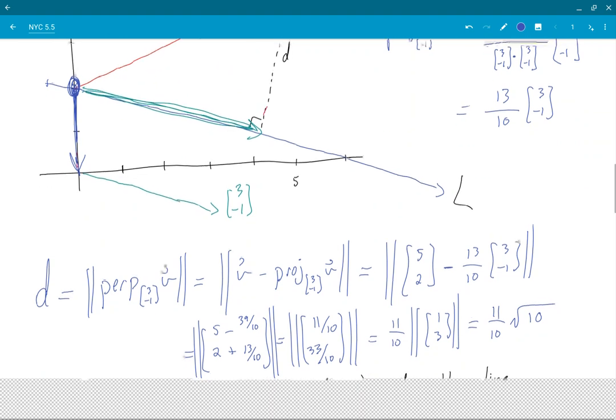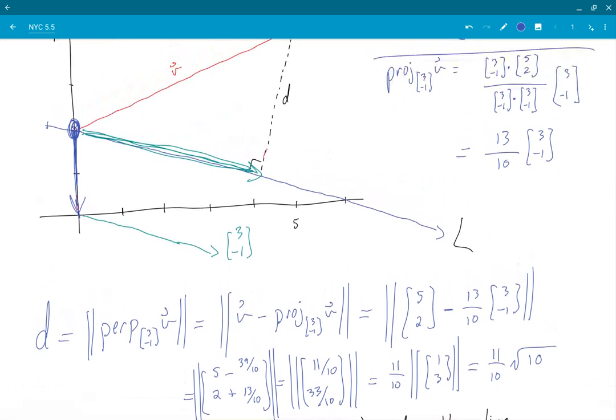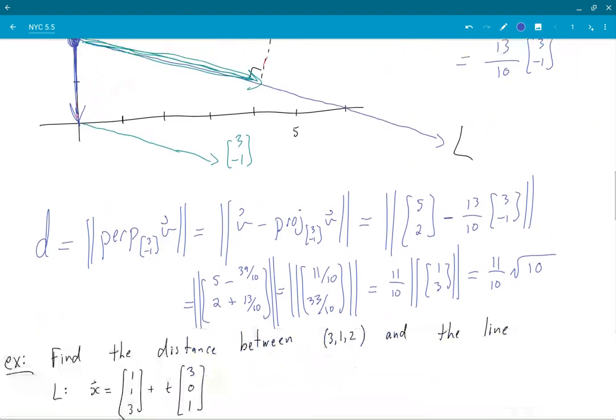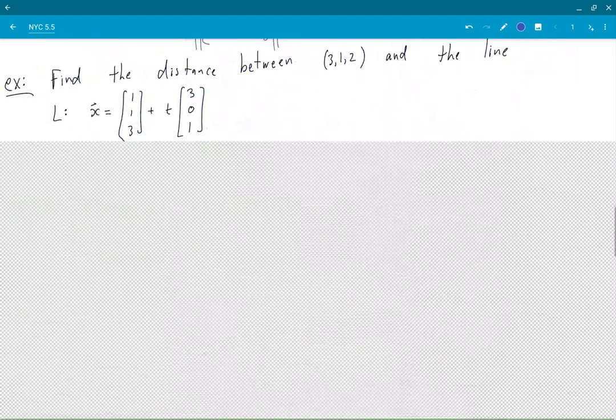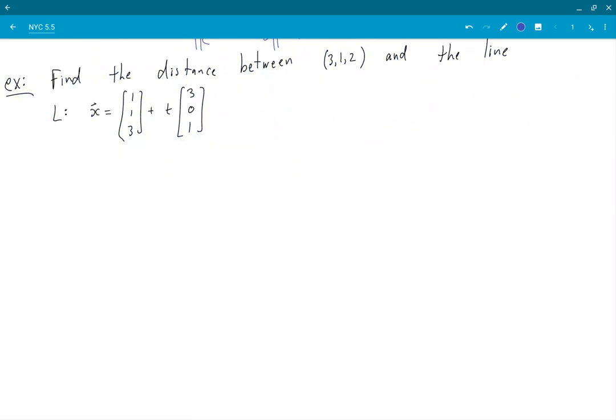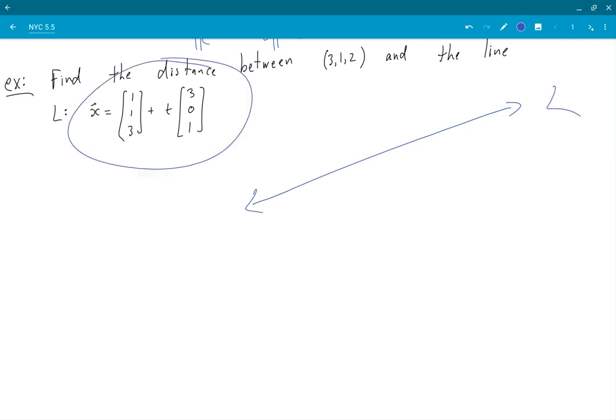Okay, pause and copy if you haven't done so already, and we'll move on. Next example. Same idea, but you have it happening in R3. You get a point and a line. And what I'll do is draw a picture that is not to be taken literally. So I'll have an L. I'm not trying to figure out exactly what this line looks like.